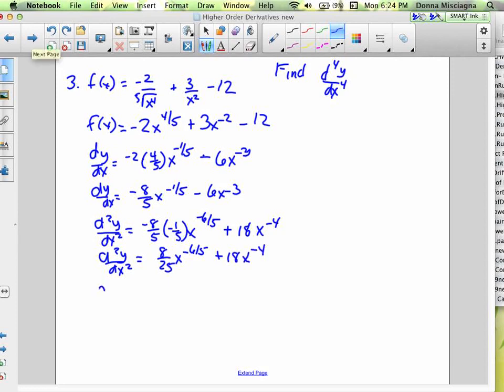All right, let's take the third derivative. So we're going to have 8/25, I'm going to have a lot of multiplying to do here, times negative 6/5, and that's going to be x to the now negative 11/5, because we got to subtract another 5/5, and then minus, so 18 times 4, that's going to be 72x to the negative 5th power.